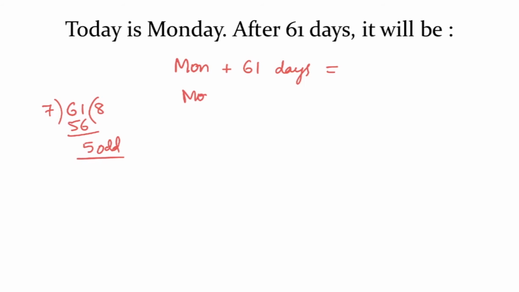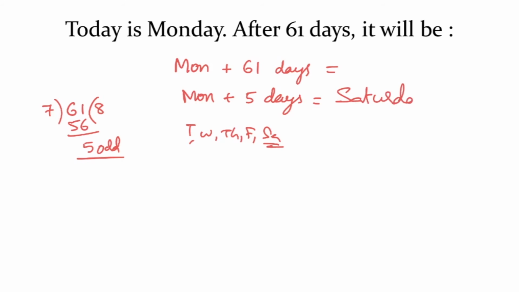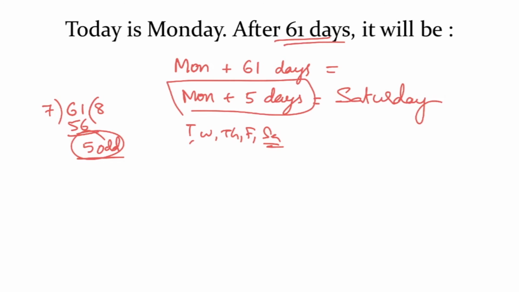So Monday added by 61 days or Monday added by 5 odd days, both will give you the same result. Monday added by 5: Tuesday, Wednesday, Thursday, Friday, Saturday. Answer is Saturday. See, instead of adding 61, just add odd days. There are 5 odd days. Monday plus 5 days is Saturday.